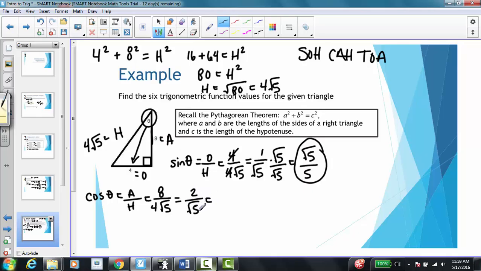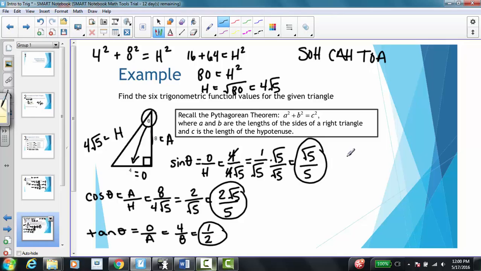Again, not wanting to leave the radical in the denominator, multiplying top and bottom by √5 is going to give me 2√5/5. Okay, then tan theta equals opposite over adjacent. So my opposite is 4, my adjacent is 8, and that simplifies to 1/2.